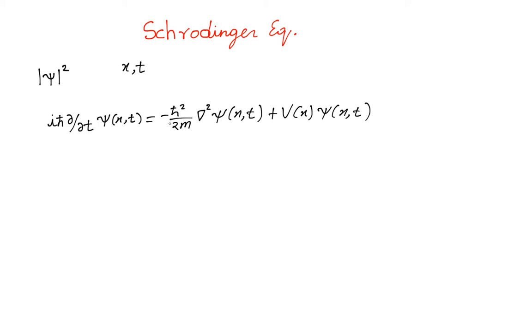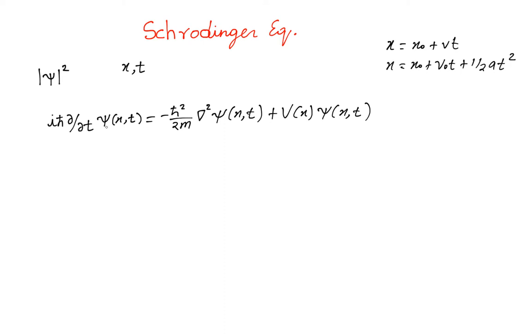The Schrodinger equation is telling what those three equations tell in kinematics. If you remember, x equals x naught plus vt, x equals x naught plus v naught t plus half at squared, something like that. So we know all this.